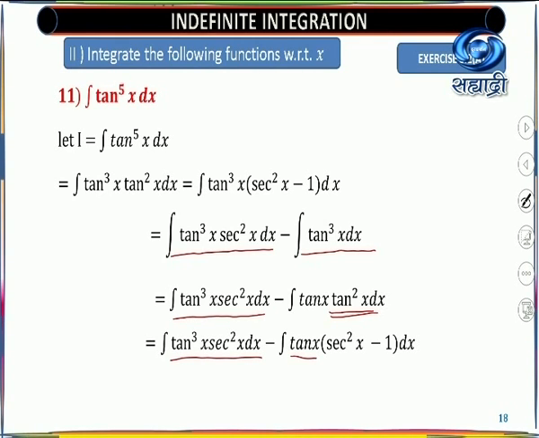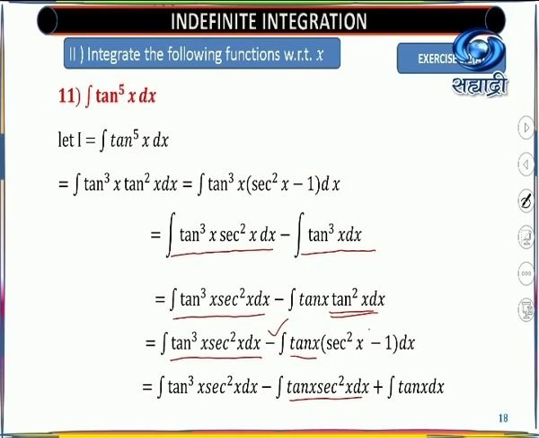Then you are having tan x and this value is sec square x minus 1. Again you need to multiply. So by multiplication you will get tan cube x sec square x dx, then minus tan x sec square x dx. This minus and this minus becomes plus, and integral tan x dx.